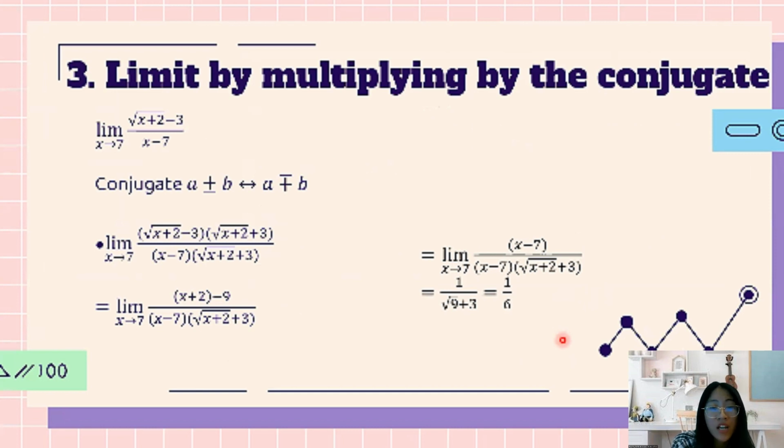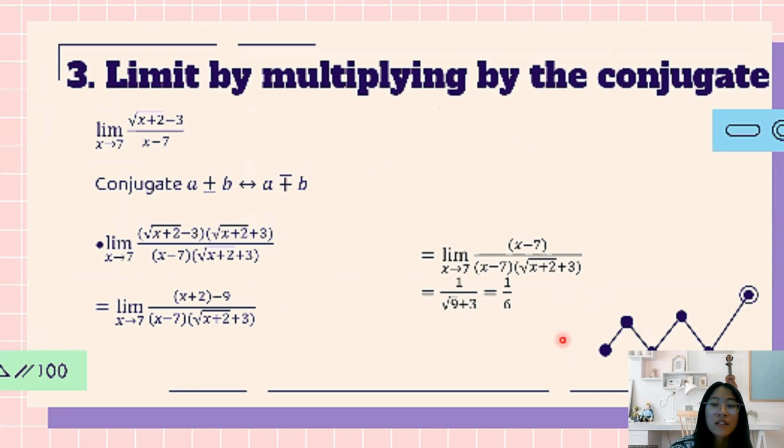If you want, work this out on a separate piece of paper and convince yourself that you will get this in the numerator. On the bottom, we have x minus 7 times radical x plus 2 plus 3. In the numerator, x plus 2 minus 9 gives me x minus 7.